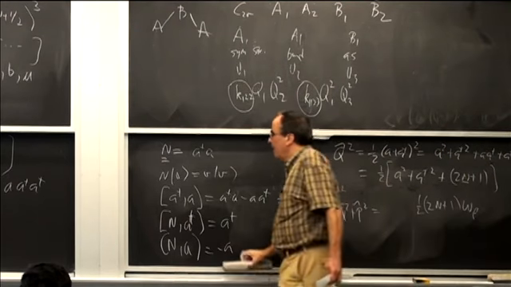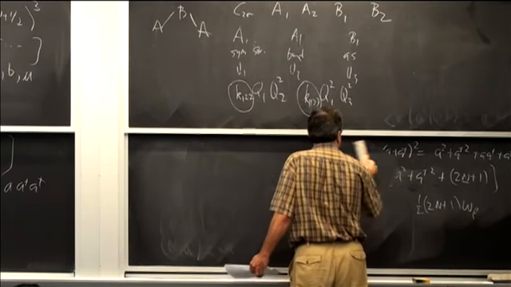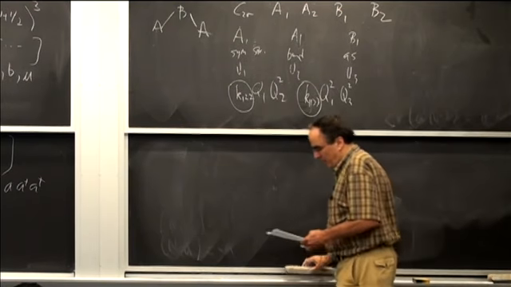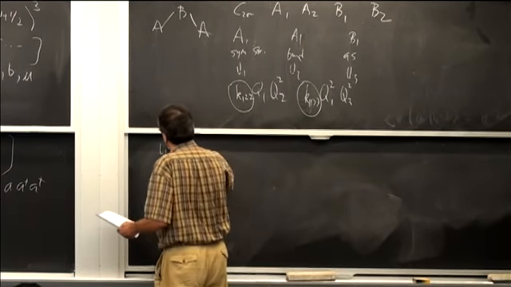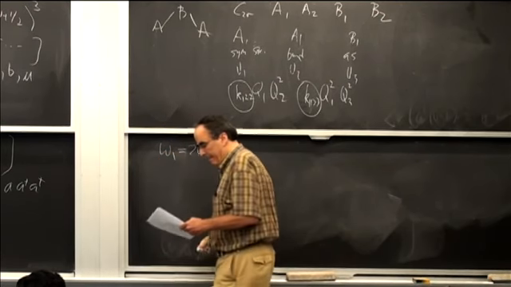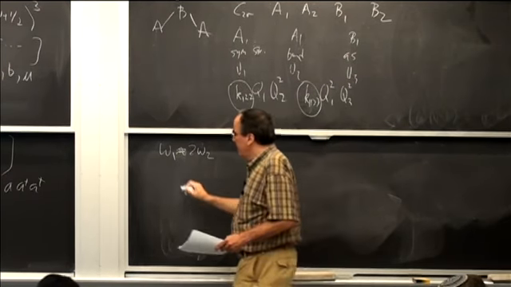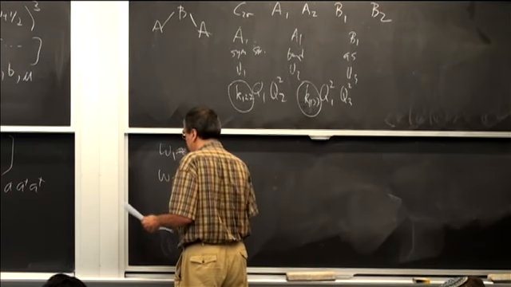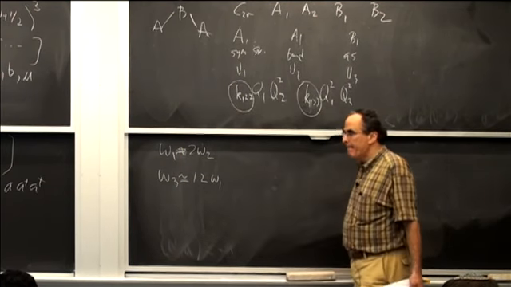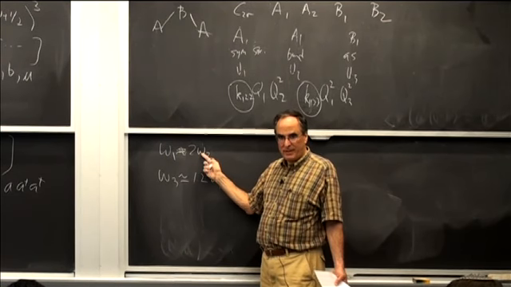So I want to illustrate the use of perturbation theory and the use of judgment. So what I'm going to do is say, okay, omega 1 happens to be almost exactly 2 omega 2. And omega 3 is approximately 1.2 omega 1. So this is telling you that omega 1 and omega 2 are resonant.